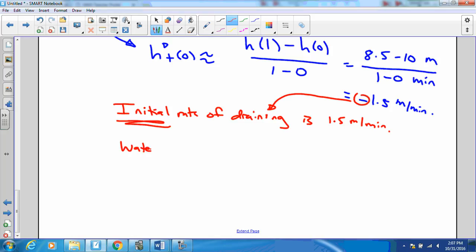This is a little awkward English-wise, so this is correct and everybody would understand it. But a native speaker would say, water initially drains at a rate of 1.5 liters per minute. Does that make sense? So we have the adverb of time right here. Water initially drains.